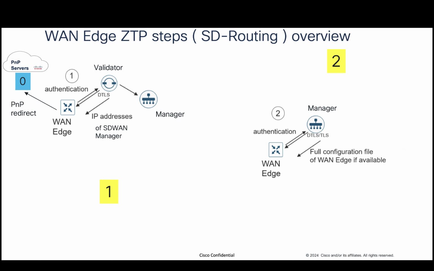Okay, the ZTP steps are a little bit different from the standard SD-WAN mode. Since we do not have a controller, the WAN edge, once it's redirected to the validator, will receive the IP address of the SD-WAN manager. And in step 2, the SD-WAN manager will push down a configuration to connect the device to the network through a negotiated DTLS tunnel.